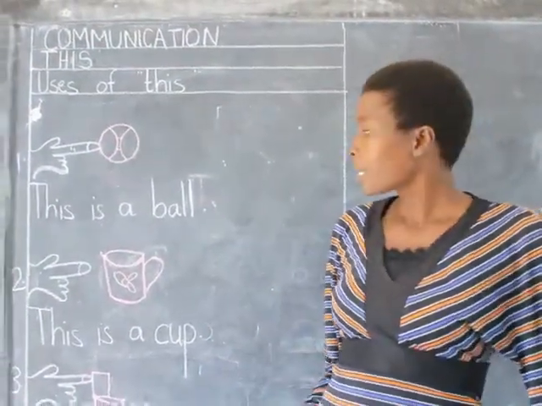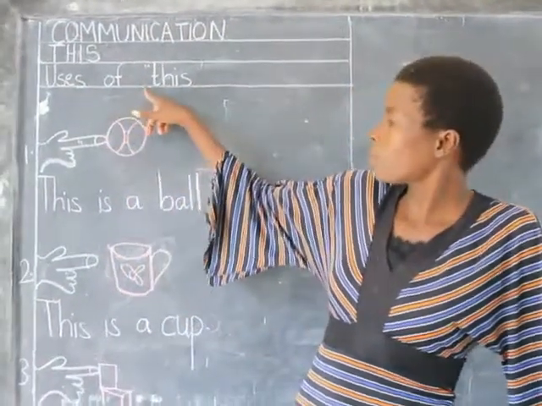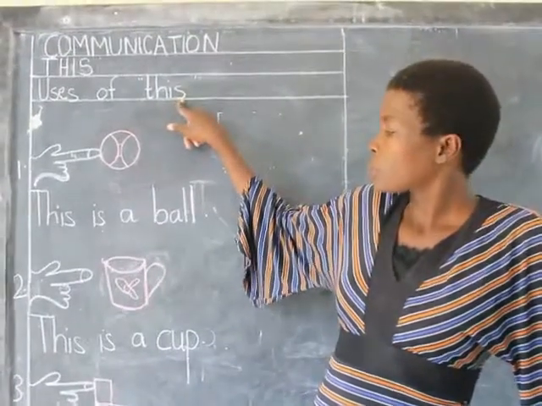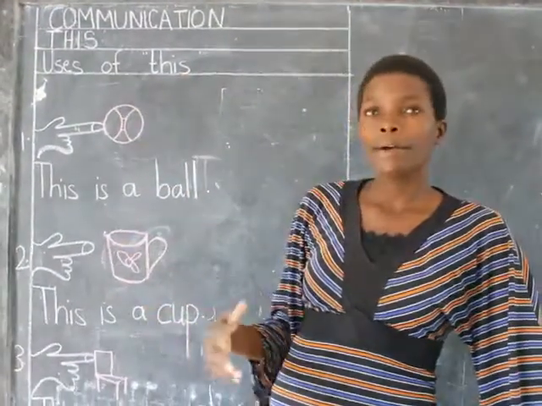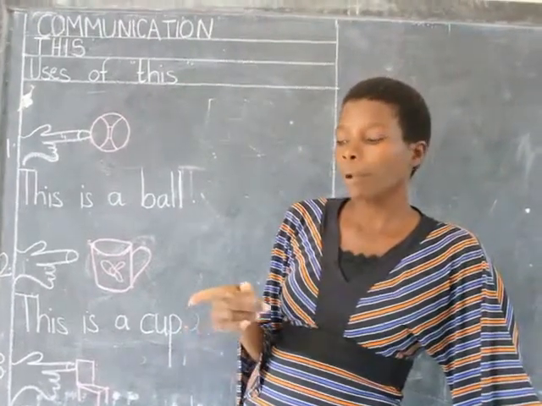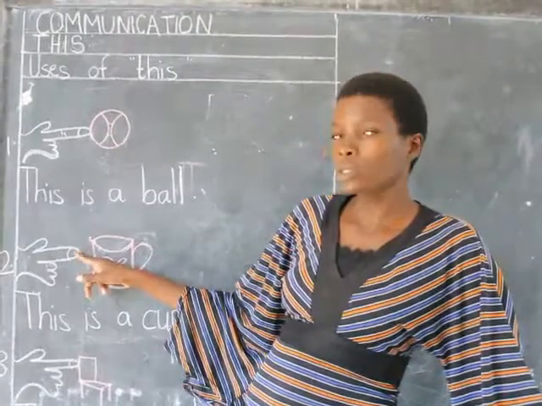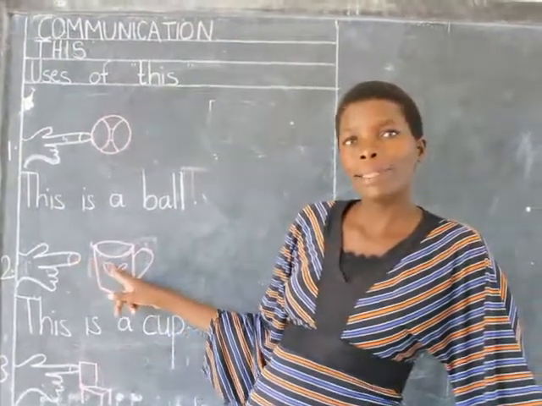Now let us look at example 2. I also said that we use the word this to refer to the things that are near. They are closer to the extent that when I point at them, there is only a small space left between the finger and the picture.